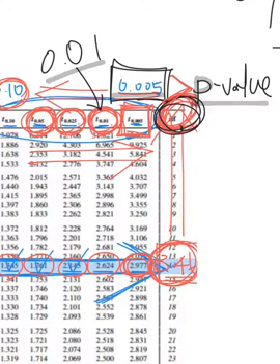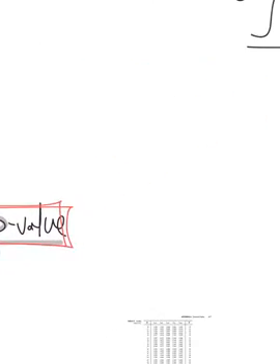In the t-test, from the t-table, we can't get the exact p-value. But roughly I can say the p-value is less than 0.005. It will be the range of the p-value.